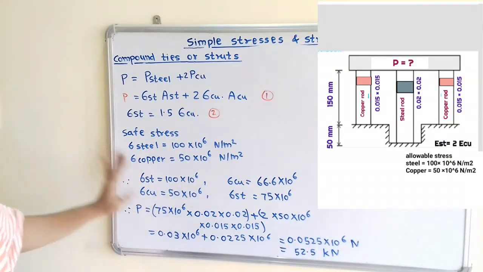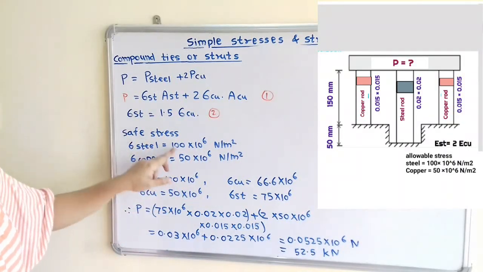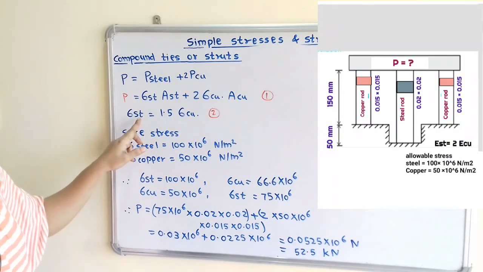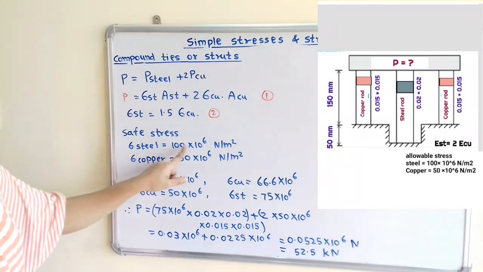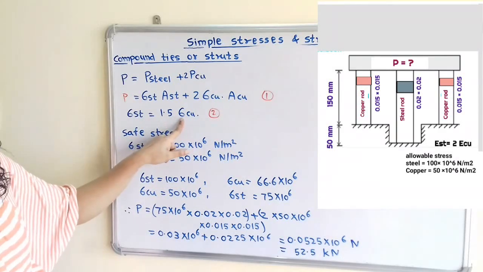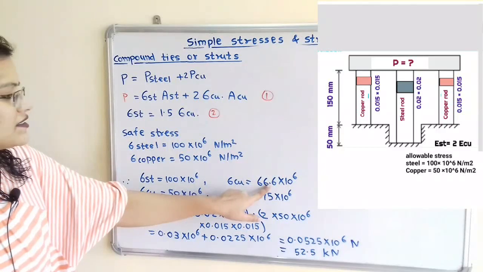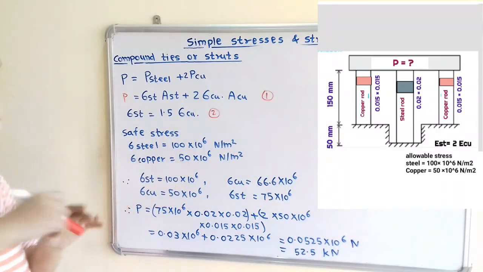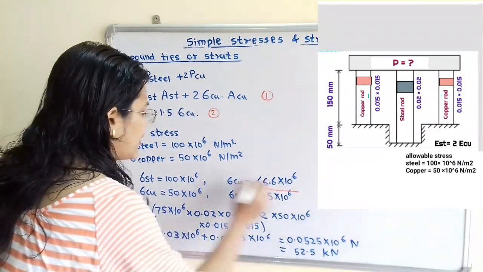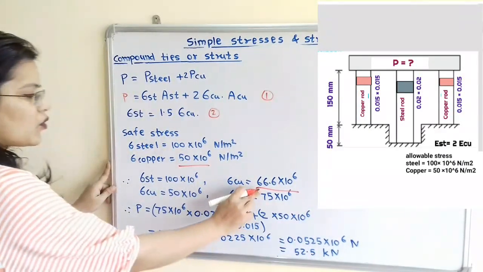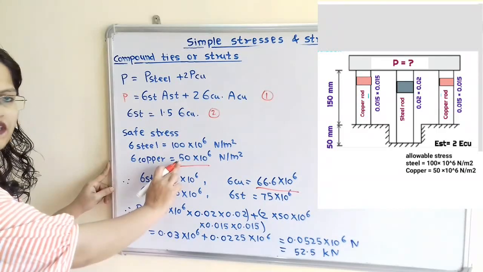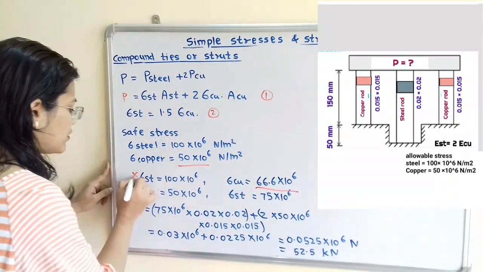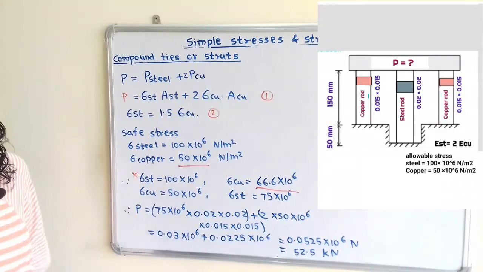For steel, if we consider 100 into 10 raised to 6, then the stress in copper we get is 66.6, and it is more than the safe stress of the copper. So we cannot use this value of safe stress 100 for steel.